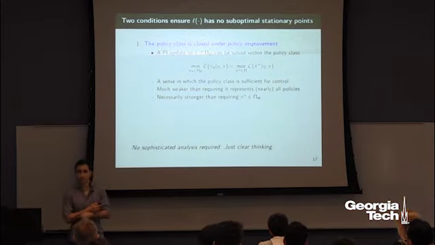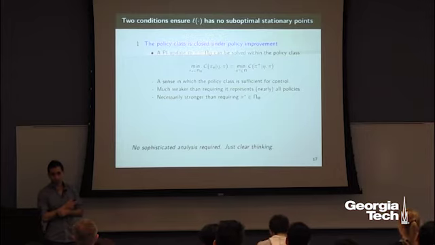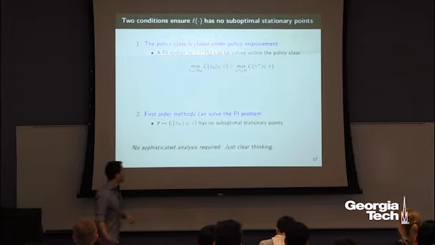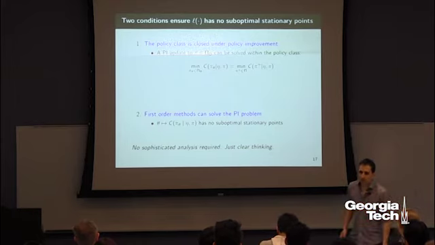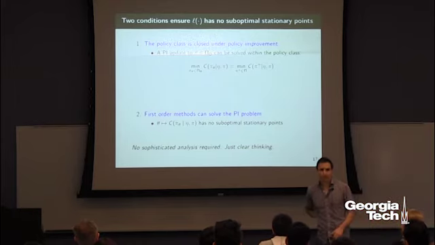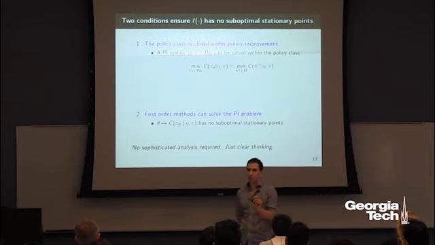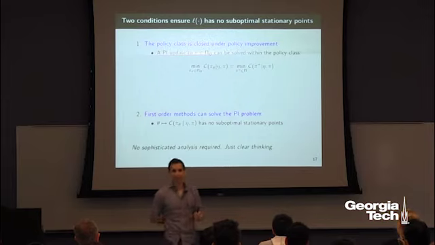Questions here on what this means? All right. Now, the second condition, well, we're doing a local search. We're not exactly solving the policy iteration problem. And so this doesn't make any sense unless there's some local structure to the problem that makes it amenable to doing so.